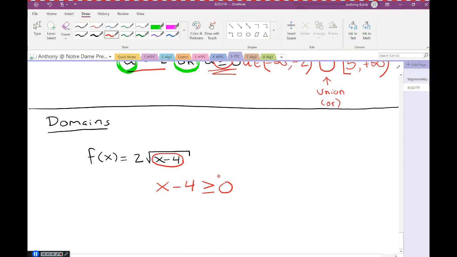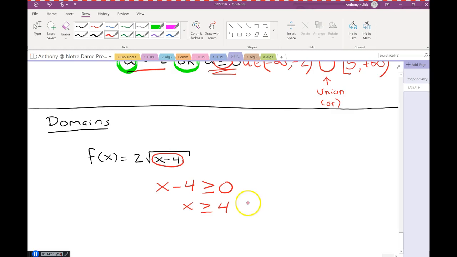That means greater than or equal to 0. Everybody okay with that? Those are the values of x that I will be able to take the square root of in this function. So I'm just going to add 4 to both sides. And that's my domain.